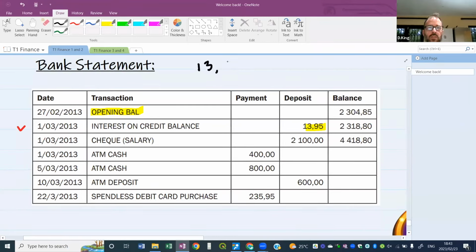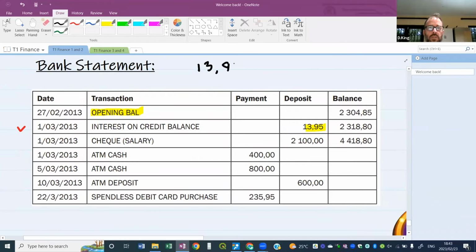So we say 13.95 and put it over the 2,304 Rand and 85 cents. Okay, that's going to give us what this 13.95 out of 2,304.85 is as a portion.